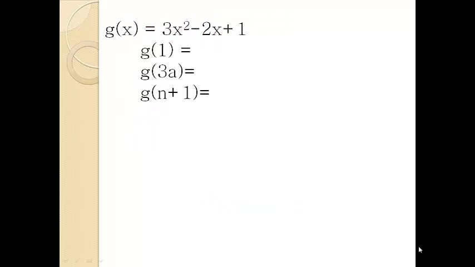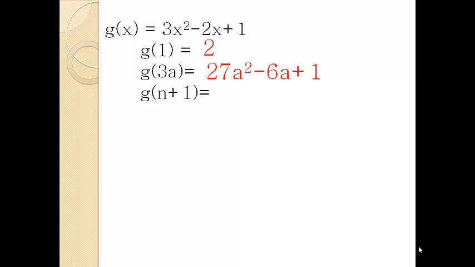All right, here's a couple more. Be careful with these. These have variables. Okay, if you plug in 1, you get 2. If you plug in 3a, you get 27a squared minus 6a plus 1.